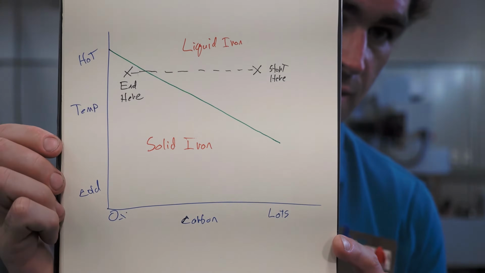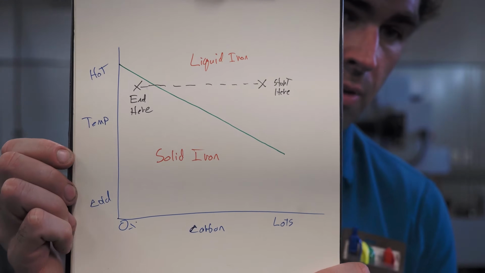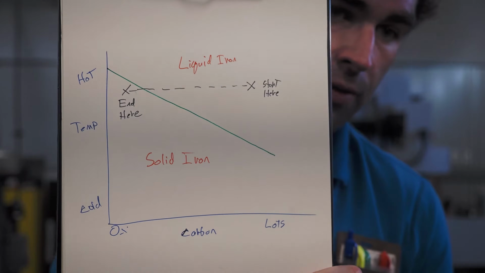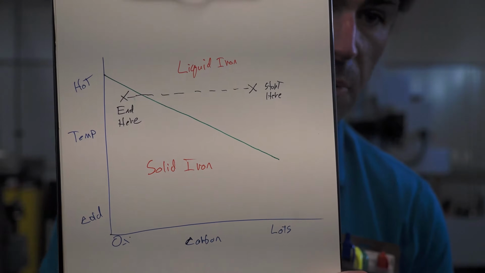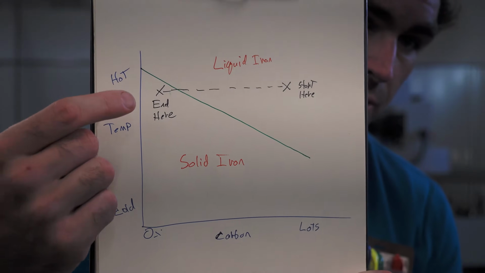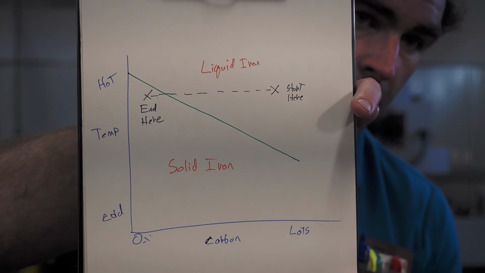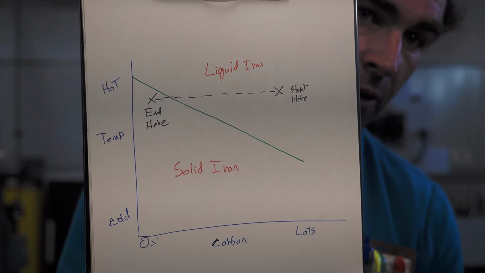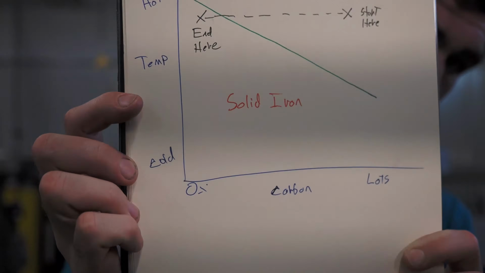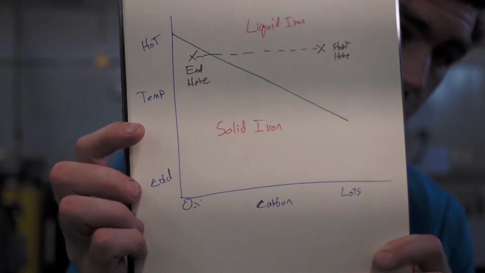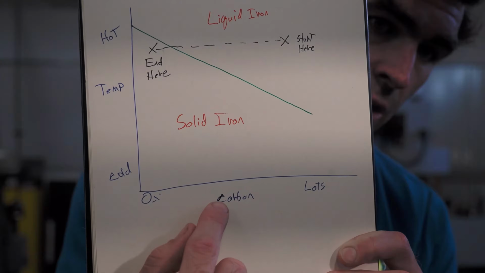So I made a quick graph. You can pause on this to take a closer look. But essentially what you have here is carbon from left to right, temperature from top to bottom. If you start over here with liquid iron with lots of carbon, and you move over to the other side, you have solid iron as the carbon goes down.